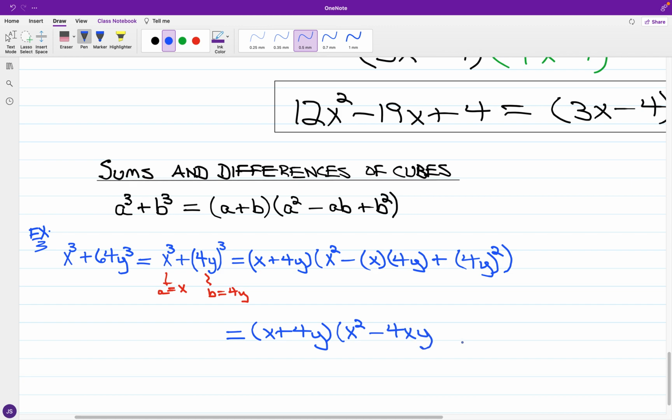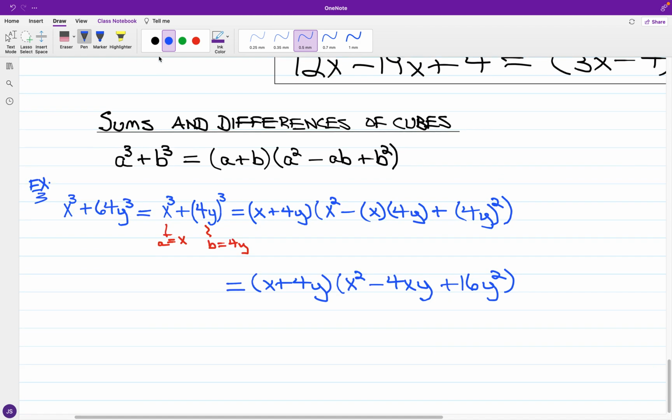If I arrange the variables in alphabetical order, we're going to have negative 4xy. Now for the square of 4y, we got 4y times 4y. 4 times 4 is 16, and y times y comes out to y squared. So that will be the result in this case.